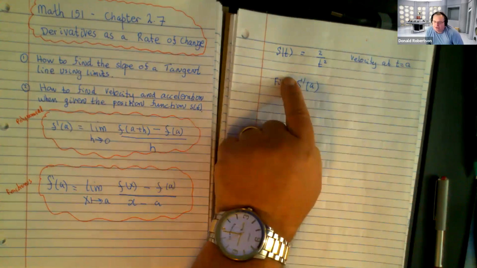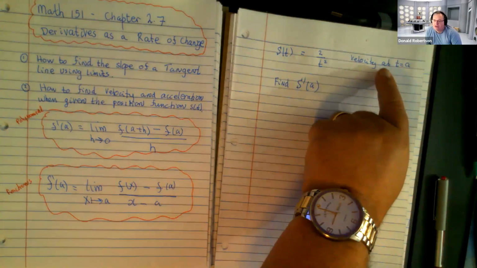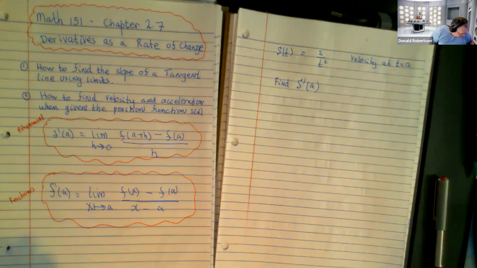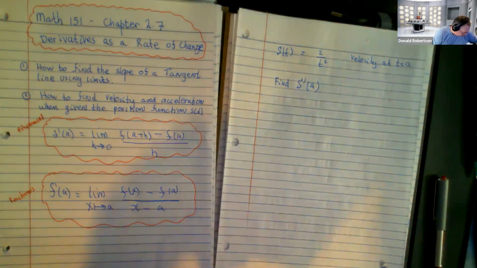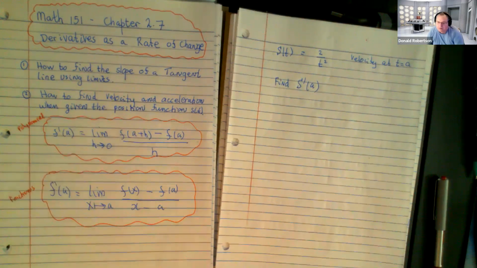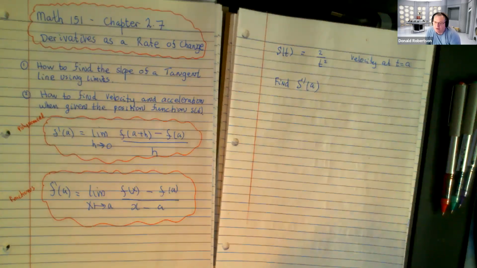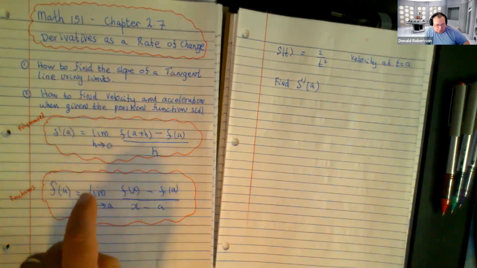So if they give you a function and ask you to find the velocity at t equals a, they're saying find this. Now, we talked about this yesterday, that you can theoretically use either formula in any situation you like, but sometimes one formula just makes the math a lot nicer than the other formula, right? Top one or bottom one?